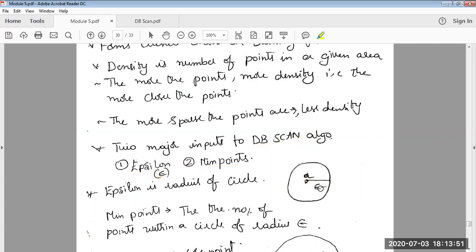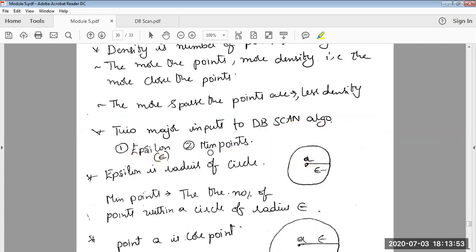The next input that you will give to the algorithm is the minimum points. It is the number of points that should be there within a circle, within the epsilon radius of the circle, to qualify as a core point or a cluster. For example, I declare that within this circle there should be a minimum of 3 points.